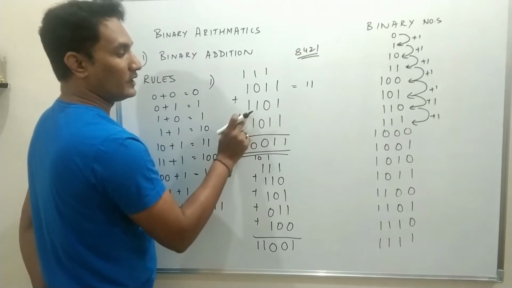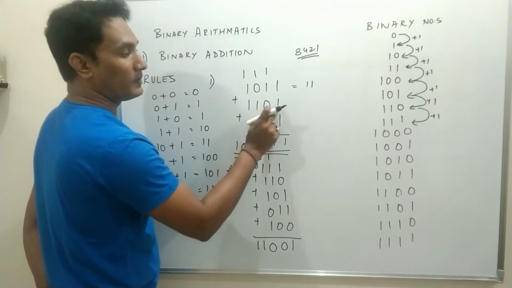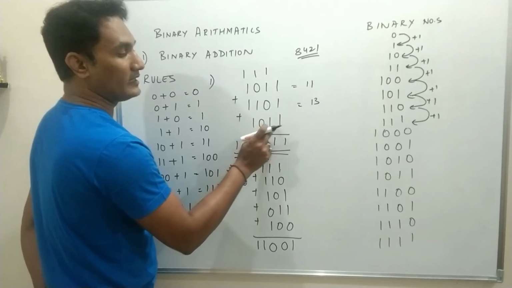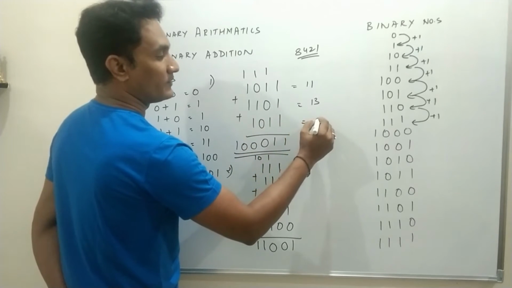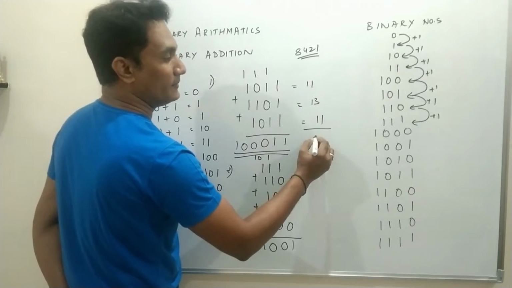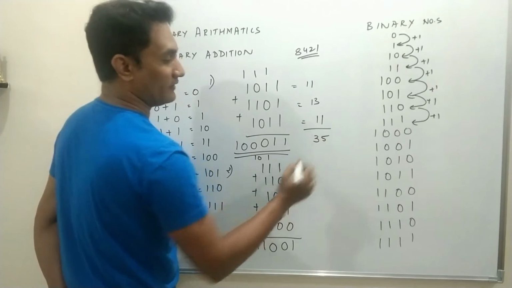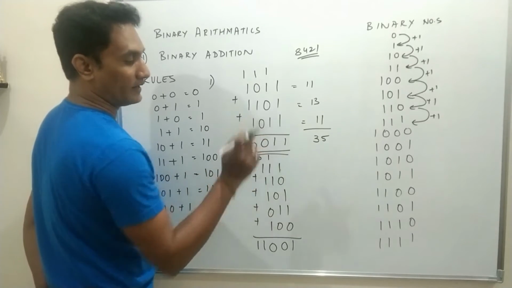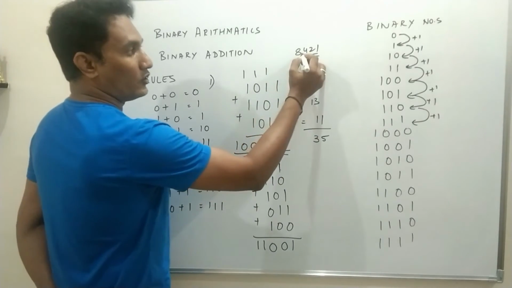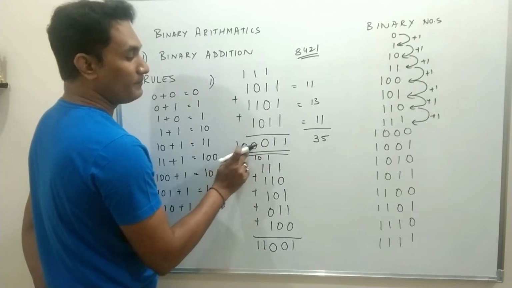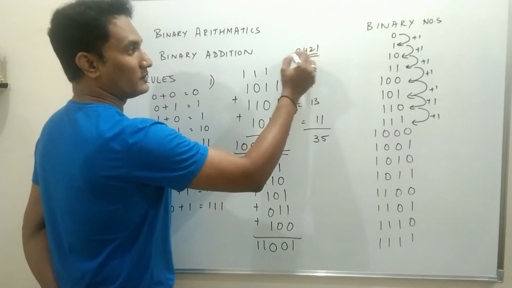When you add all these numbers, the value will be 35, and check this number: 100011. Now the code which we have is a 4-bit code, and the binary number which we have is a 6-bit code.